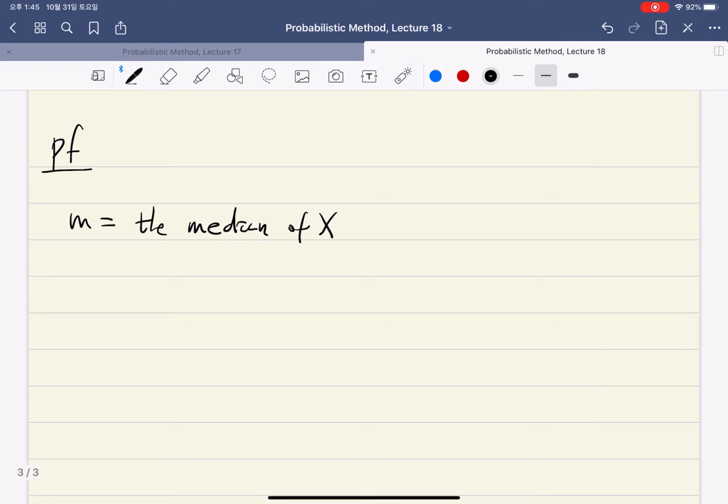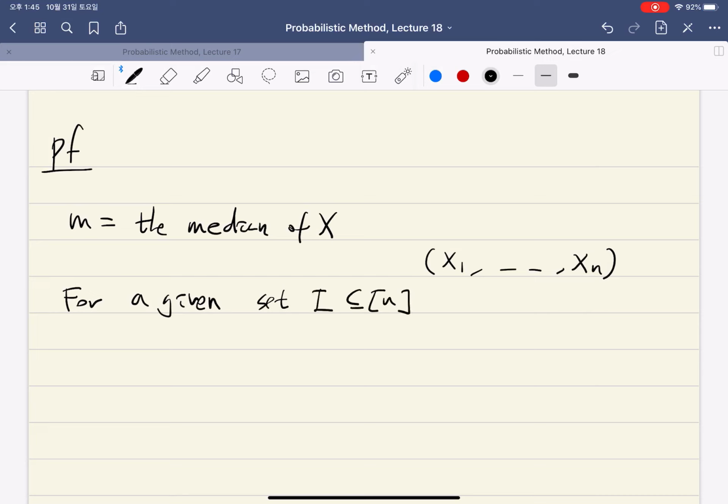So if you have this x1 to xn, for let's say a given index set I, which has size k.